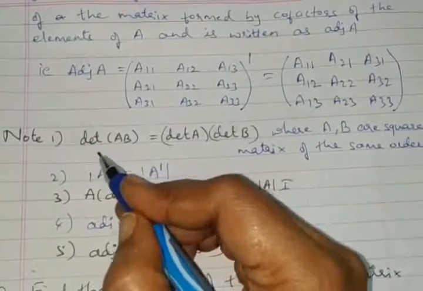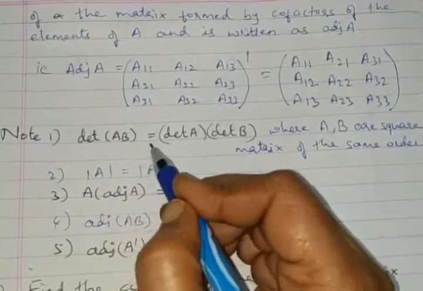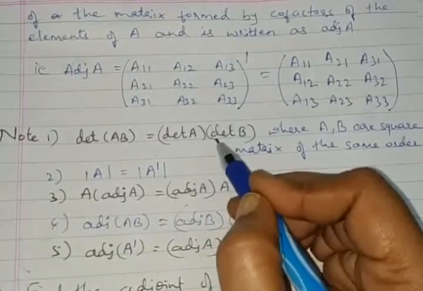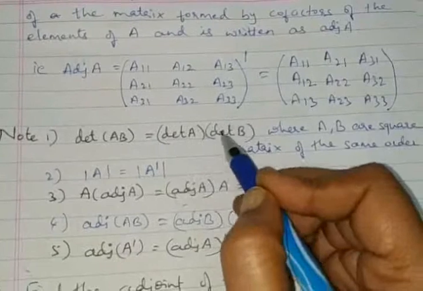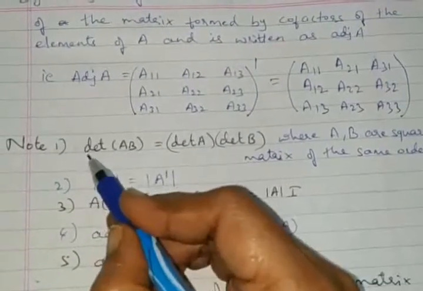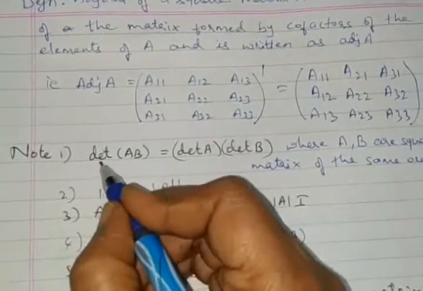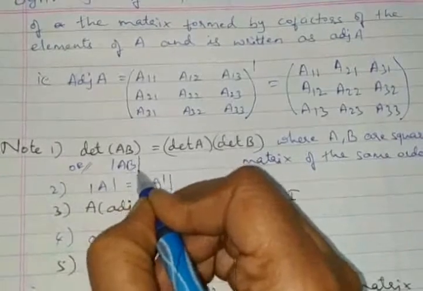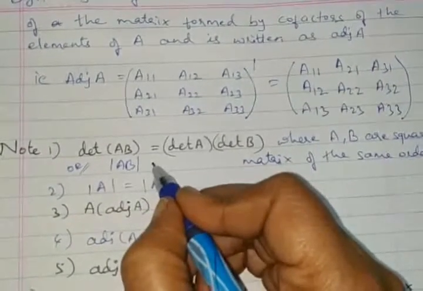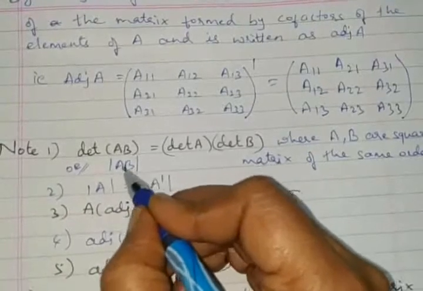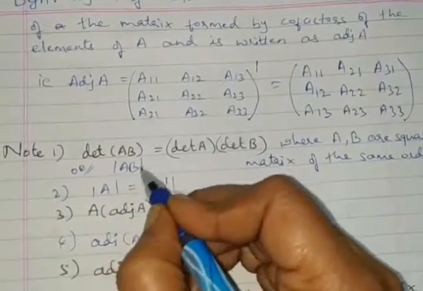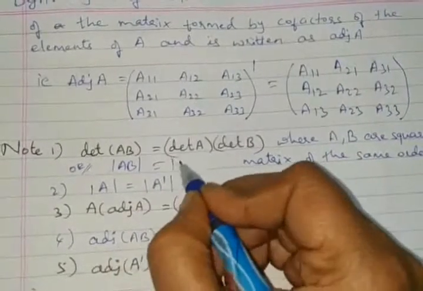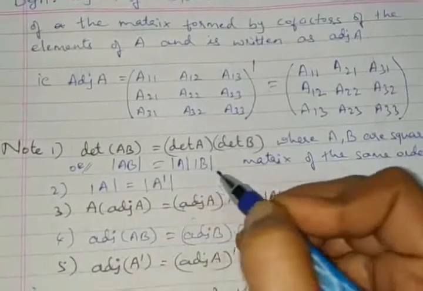So the note says the determinant of AB is always equal to the determinant of A multiplied by the determinant of B. I have given this symbol, whereas you can even make use of the one you are more familiar with, determinant of AB. Don't say it is mod, it is determinant, when A and B are matrices. This symbol is only for determinant, it is not mod. So this is equal to determinant of A into determinant of B.